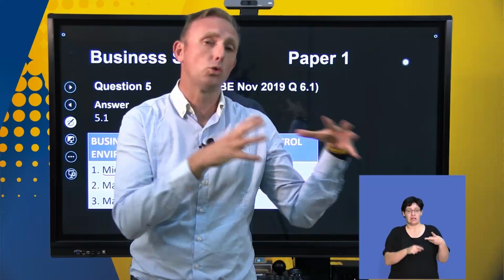The secondary sector has to do with taking those raw materials and manufacturing them into either finished products or into products that can be used by other businesses. And then the tertiary sector has got to do with supplying services to the consumer. So think of the tertiary sector such as banking, and the secondary sector such as car manufacturers.